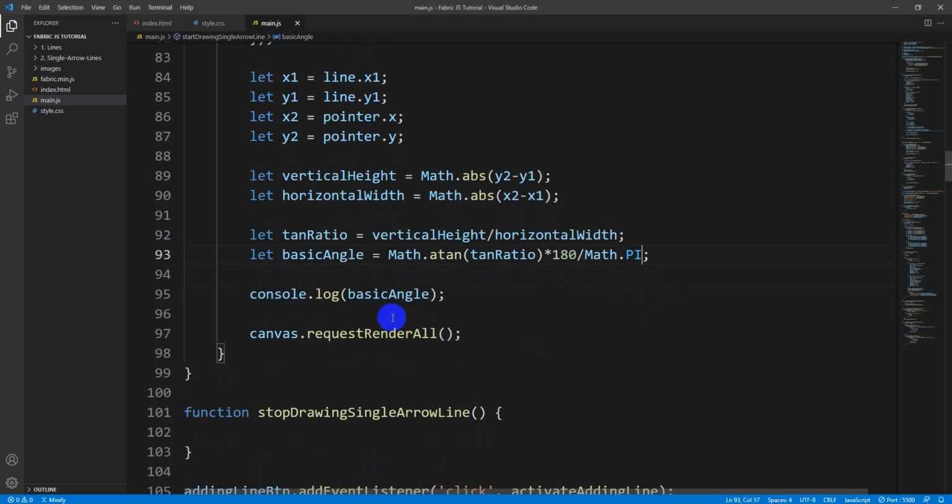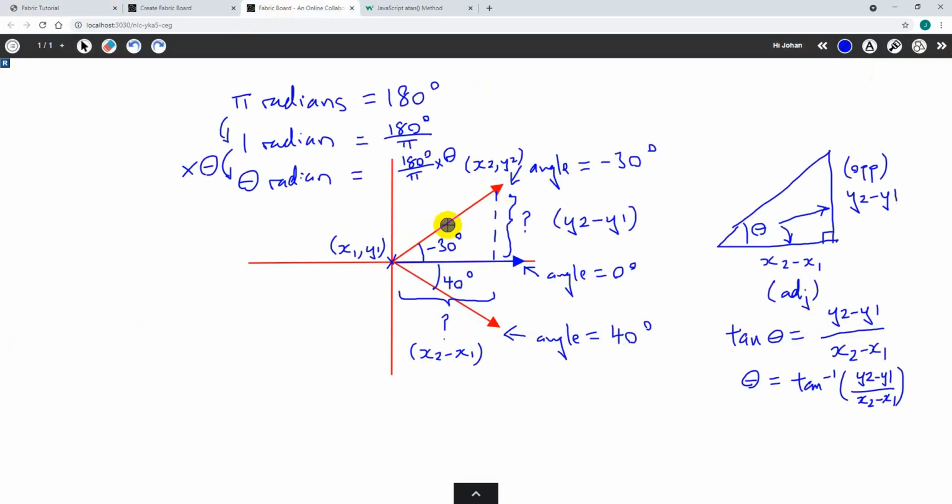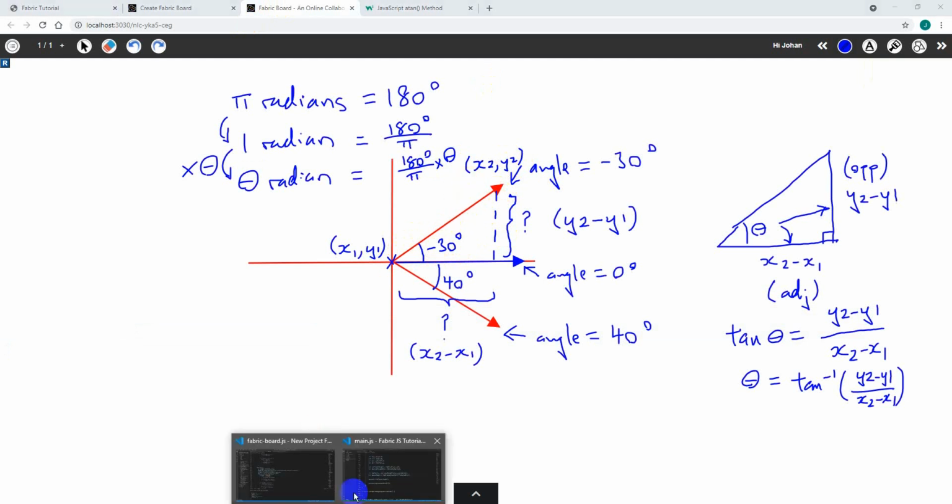I'm going to do the first quadrant. The first quadrant would be this part over here. So it's actually a negative angle over here. The triangle must have an angle that is negative if I move up. So let's do that.